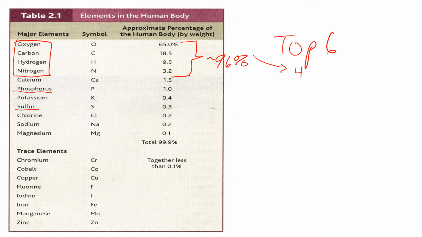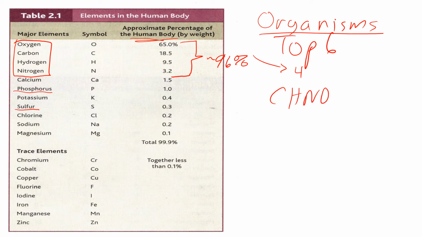You can't necessarily go by this chart. This is what's in the human body, and we're talking about all organisms, and most organisms aren't necessarily vertebrates. So if we take carbon, hydrogen, nitrogen, and oxygen, the top 4, and then phosphorus and sulfur, a word we're likely to remember these by is SCHNOPS.